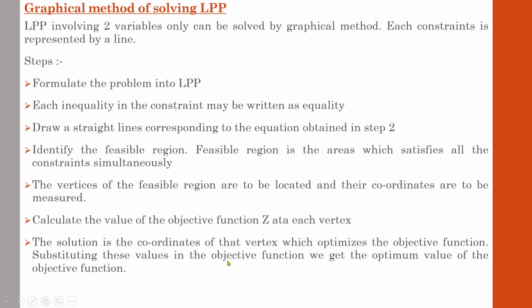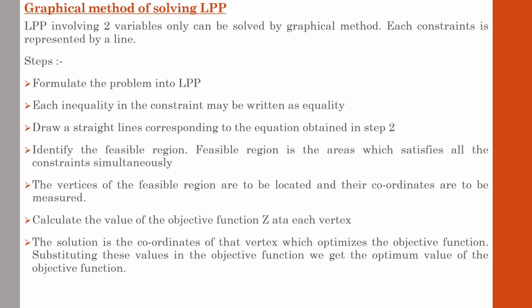As I mentioned, this step will be followed after identifying the feasible region. In this step we will be identifying the objective function equation. We have learned about the objective function previously, like z equal to 6x plus 5y.